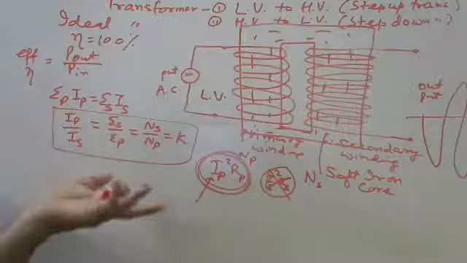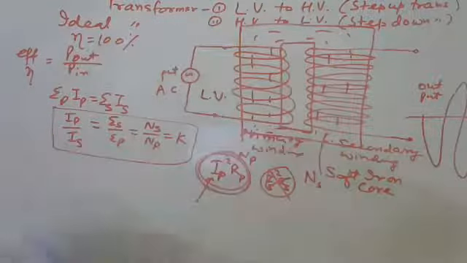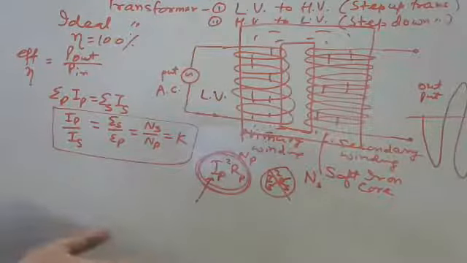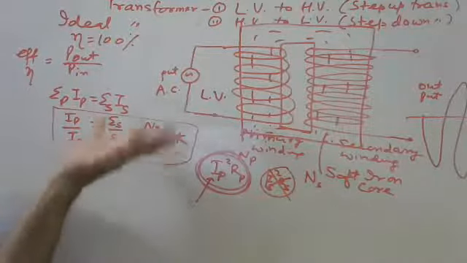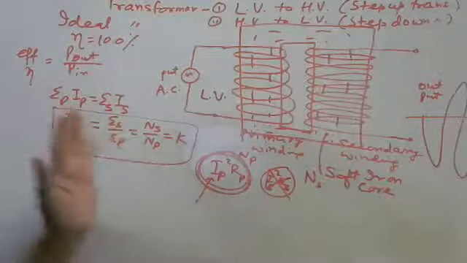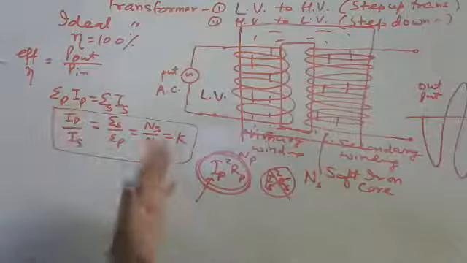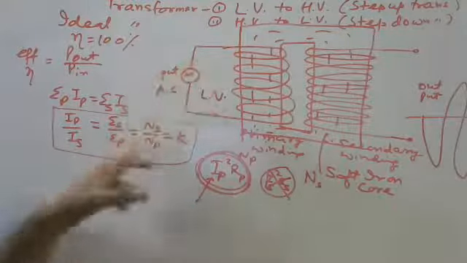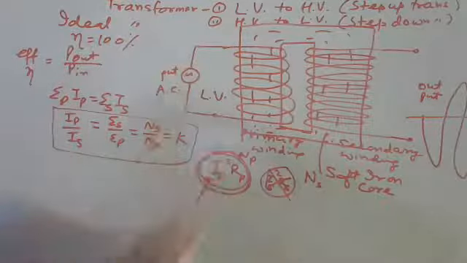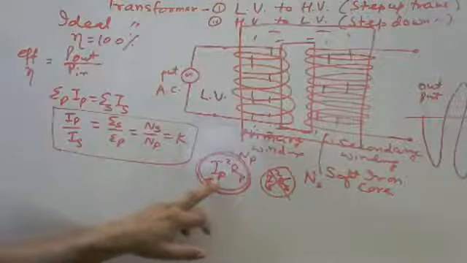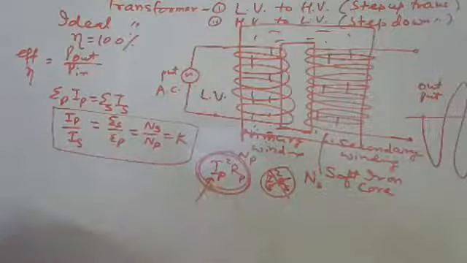When we design the voltage low to high or high to low, it will change. We cannot change this voltage because once we decide to change the voltage low to high or high to low, the number of turns is set, the transformer is ready. So we cannot change the voltage and we cannot change the current also.